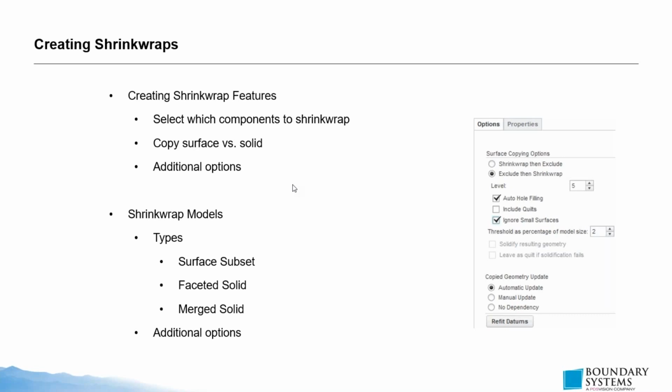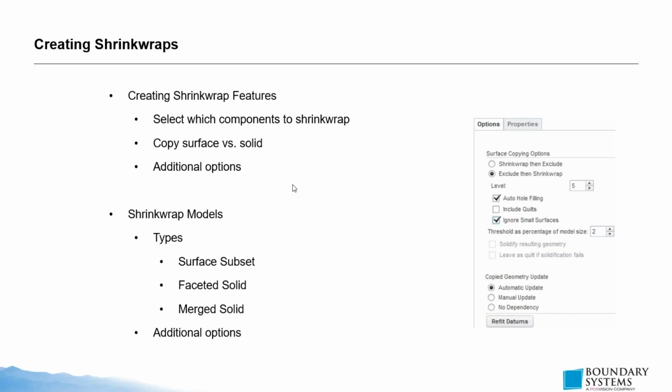So there's a couple options to get Creo to select all those surfaces. You can just have it copy all external surfaces. You can have it pick up all solid surfaces, so all surfaces that create an enclosed solid geometry, or you can just manually select all of your surfaces yourself.